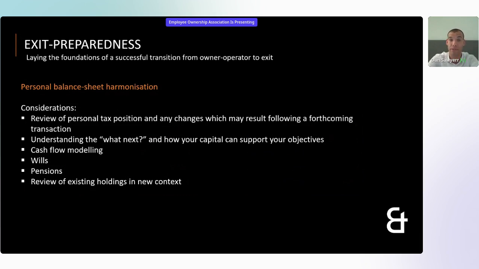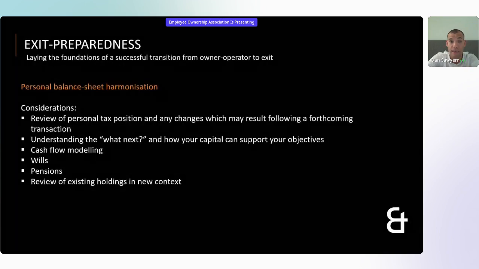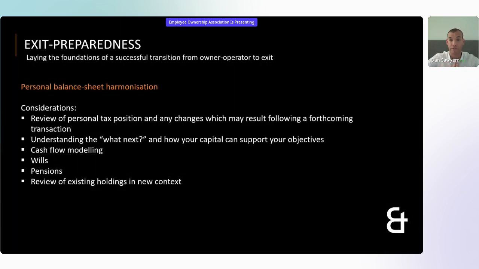But in the most successful transitions from owner-operator to exit, generally speaking, the entrepreneur or the founder has sought out professional advice across a number of areas well in advance of an exit. And Giles touched on also seeking out conversations, sharing experiences with those who have already made the transition to employee ownership, which I think is also a key consideration.